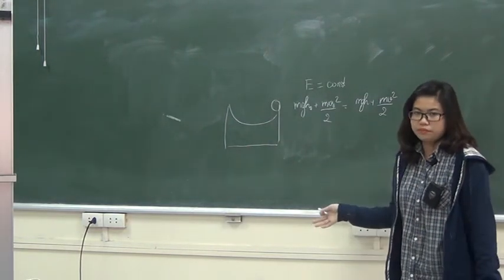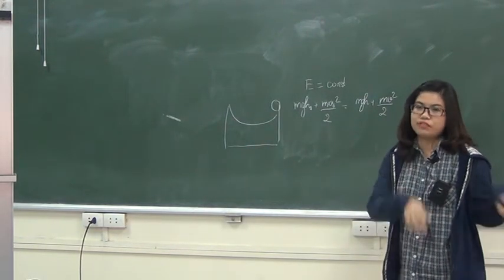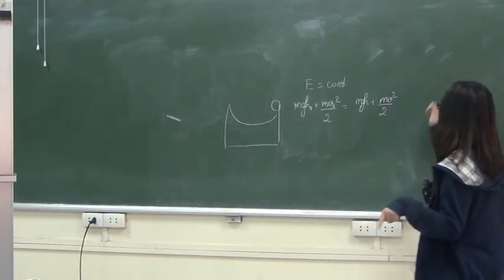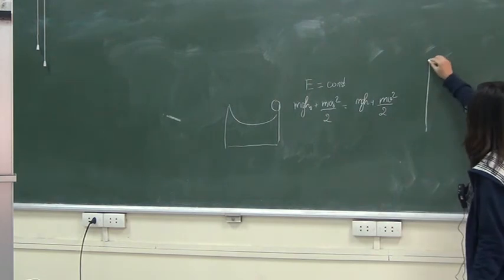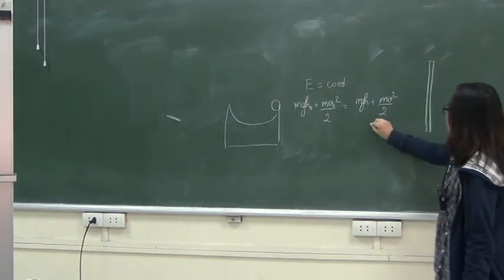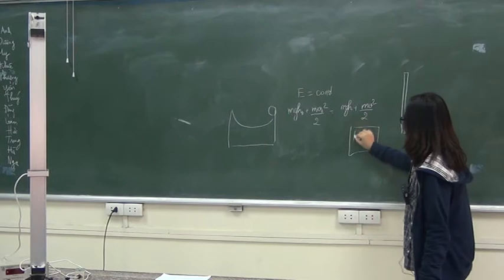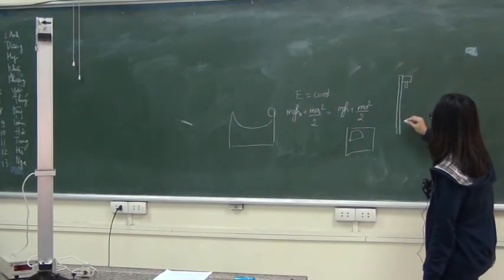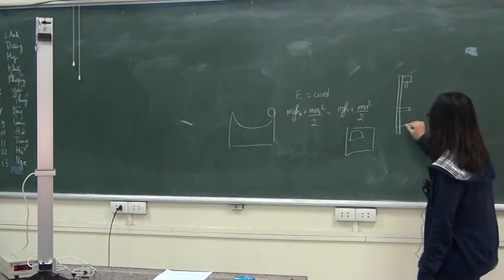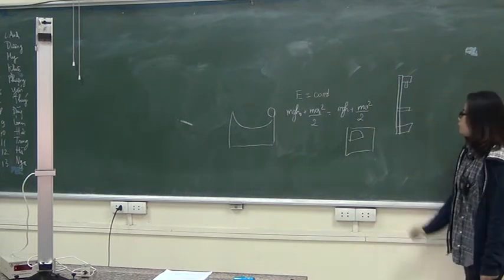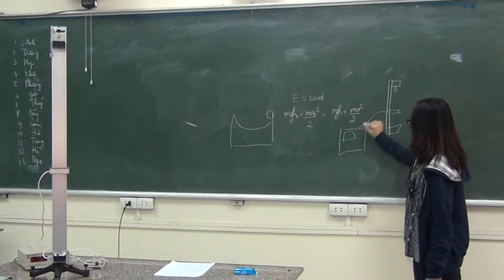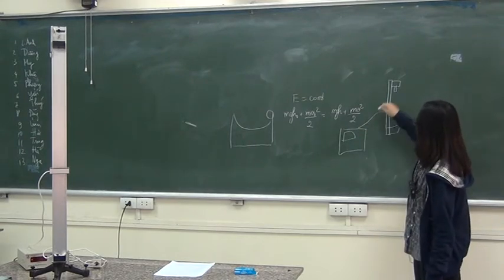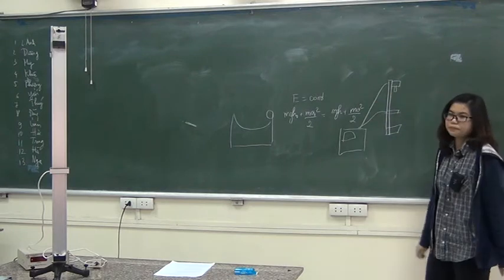Then they can think of the experiment that they did in the previous lesson about free fall acceleration. They will use a linear track, a digital timer, a magnet, a photo gate, and the support like this, and connect the photo gate to the digital timer and also the magnet.